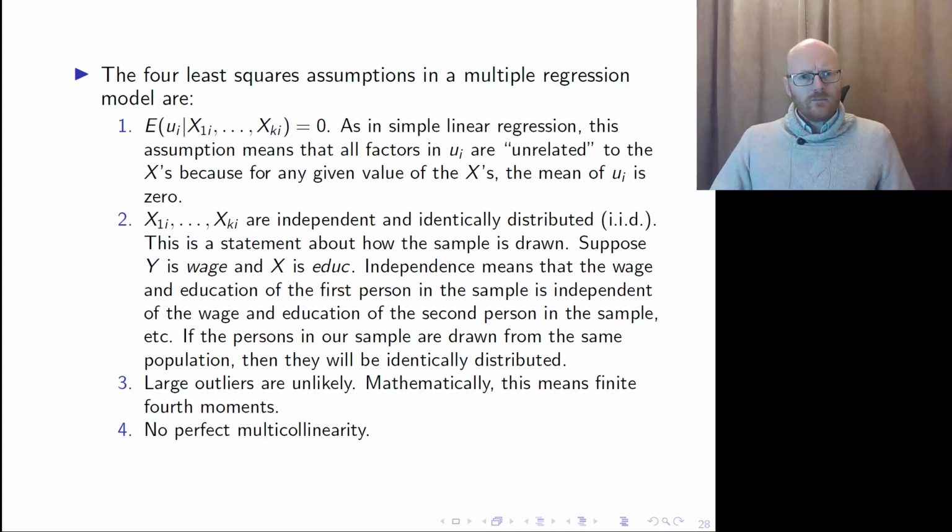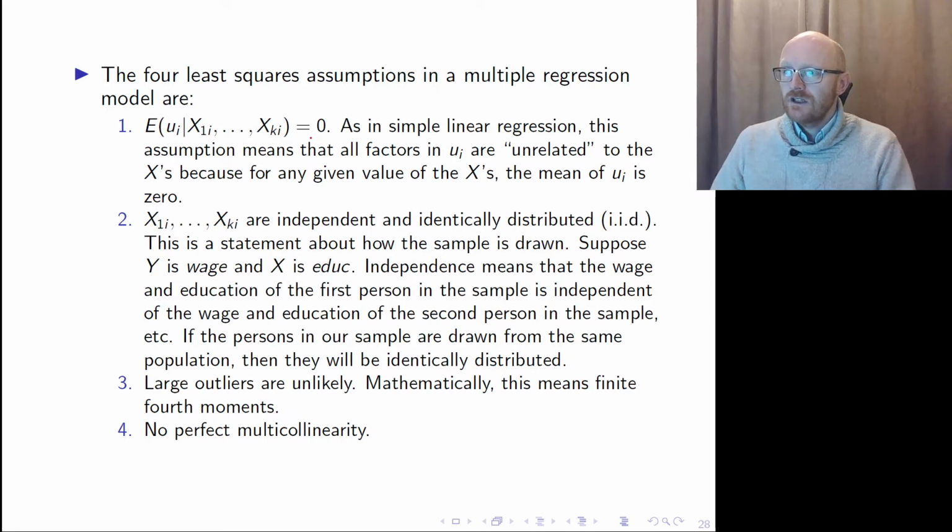The four least squares assumptions in a multiple regression model are, first, that the expectation of the residual given the values of the x variables should be equal to 0.